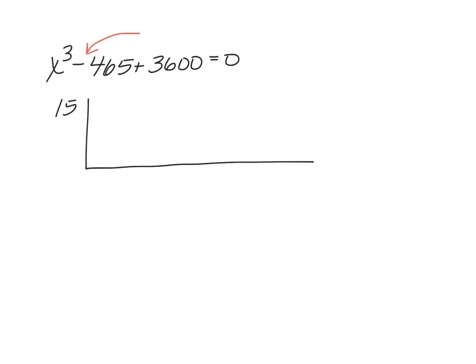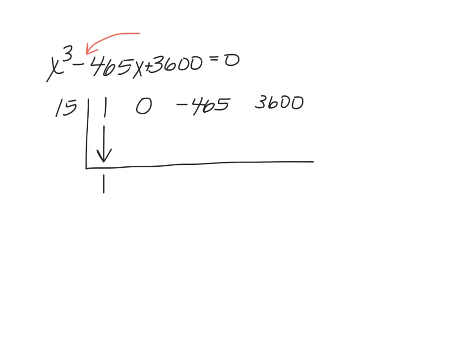And oops, looks like I forgot to write my x. Sorry about that. So that was x cubed minus 465x plus 3,600. So my coefficients will be a 1 for the x cubed term, 0 for the x squared term that's missing, negative 465 for the x term, and then 3,600, which is my constant.